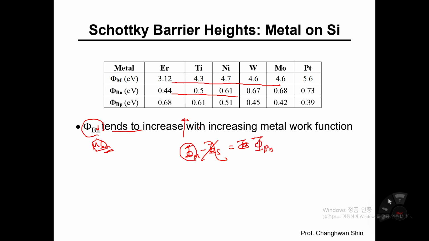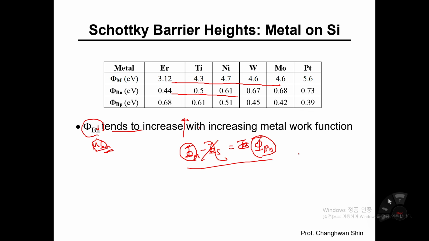But the amount by which the metal work function has been varied is not exactly identical to how much the Schottky barrier height has been modified. Simply speaking, this equation is not well fit to the real MS diode.